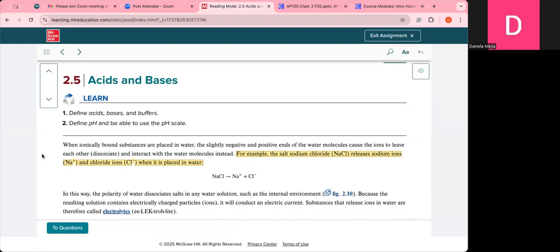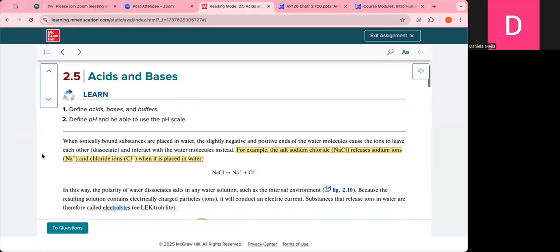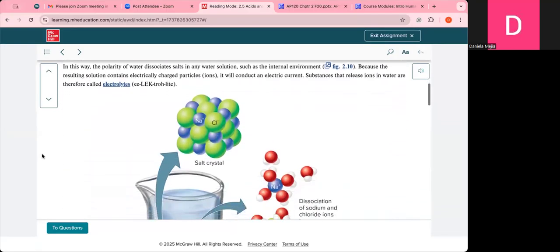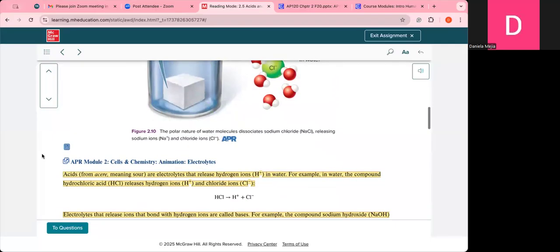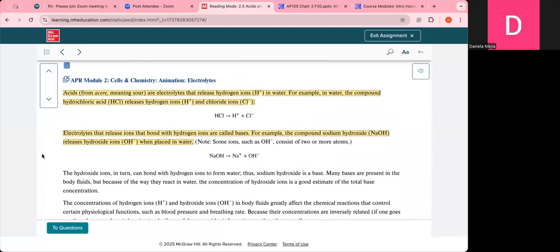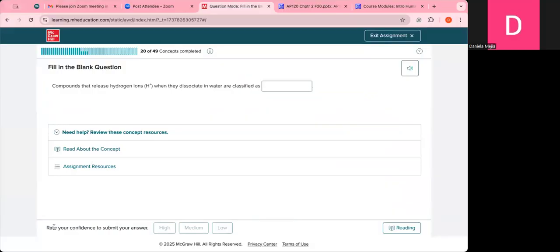But if you're releasing hydrogen, if you scroll down on the page past the picture, it says acids are electrolytes that release hydrogen ions in water. So they're acids.